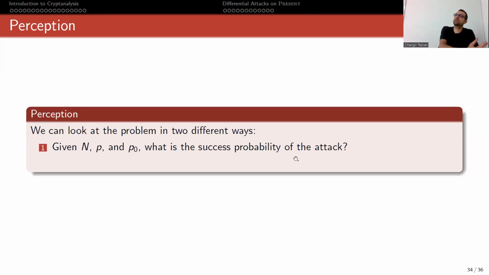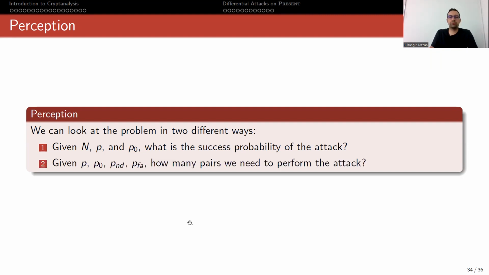Just by looking at these numbers, can I calculate my success probability? Another way to look at it: if I find the distinguisher and I know the probabilities P and P0, and I manually select the probability of non-detection and the probability of false alarm, like 1/1000 or 1/10,000, then the question is how many pairs I need to perform the attack so that these probabilities hold.